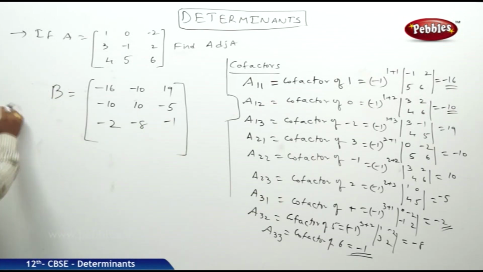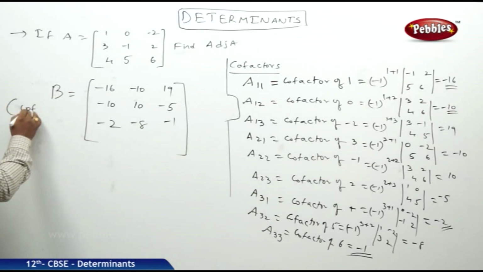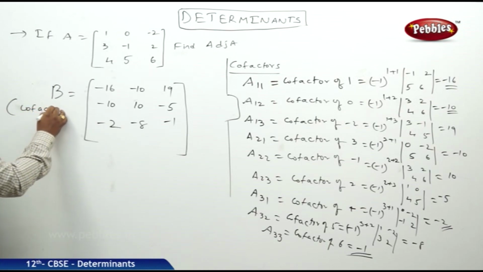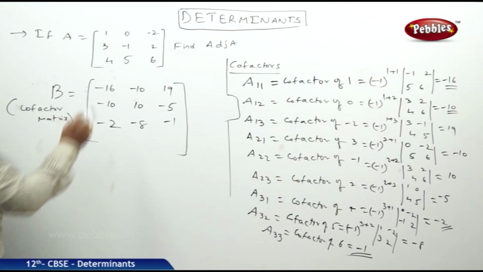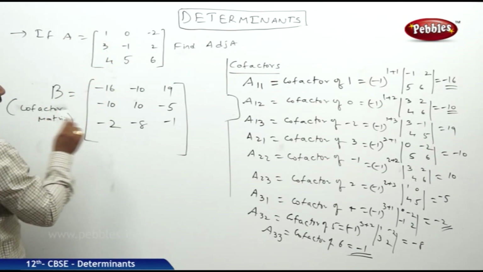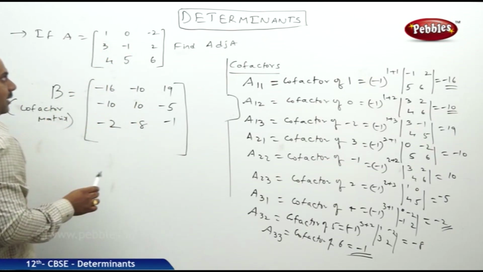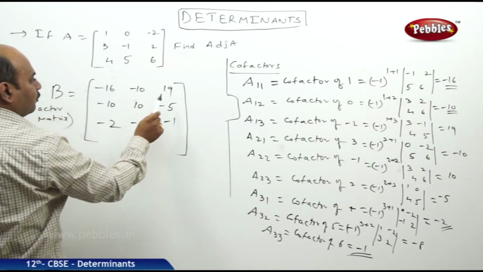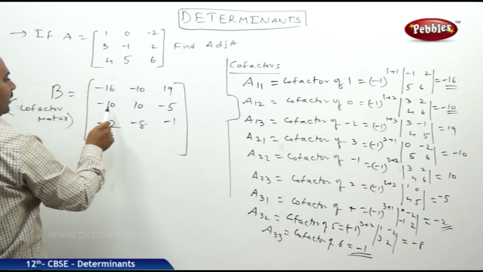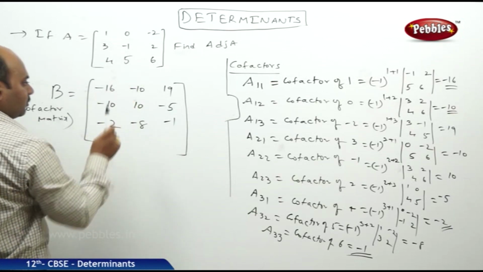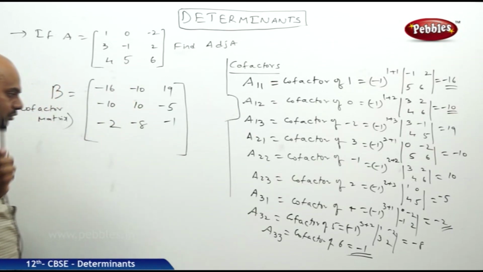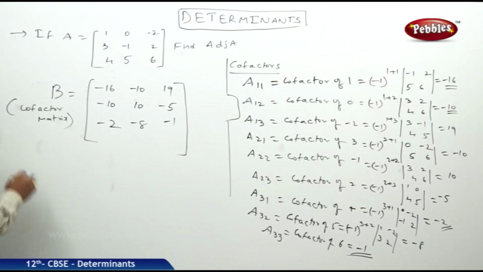For my convenience, I call this the cofactor matrix. So if I take the transpose of this matrix, that gives the adjoint.